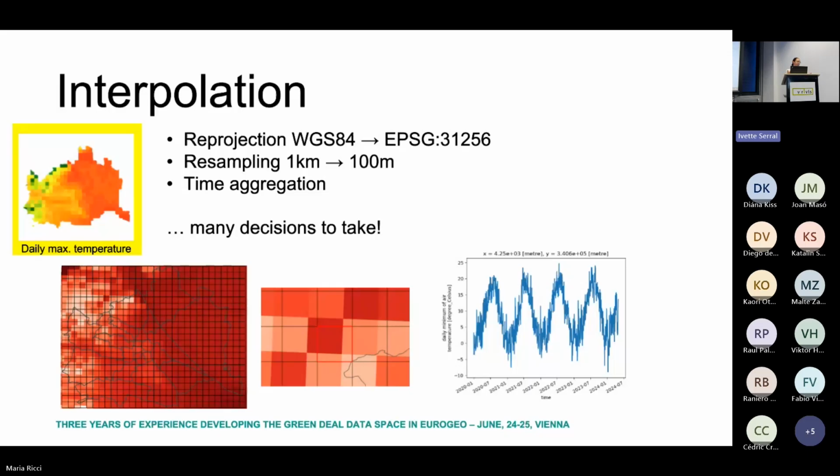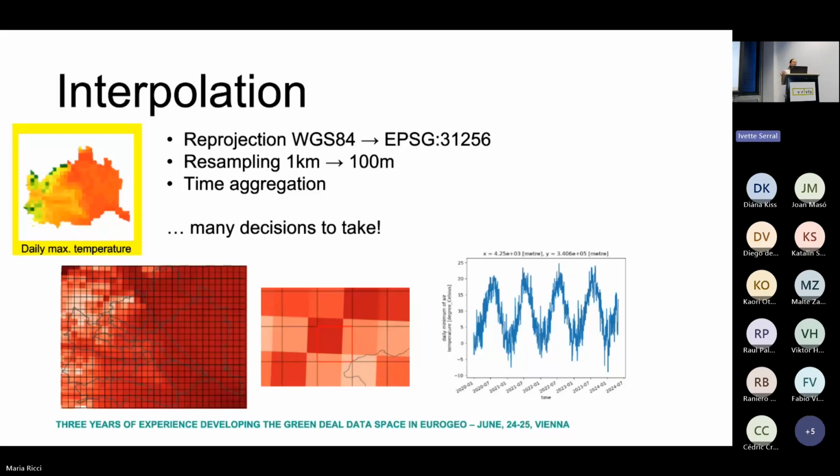But they are not in the national projection. It's in WGS84. And it's 1 kilometer, because usually openly available climate data is at least 1 kilometer. So we had to resample from 1 kilometer to 100 meters, and we had to reproject, and we also needed to decide on time aggregation.